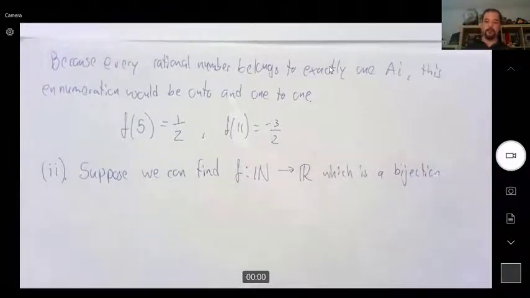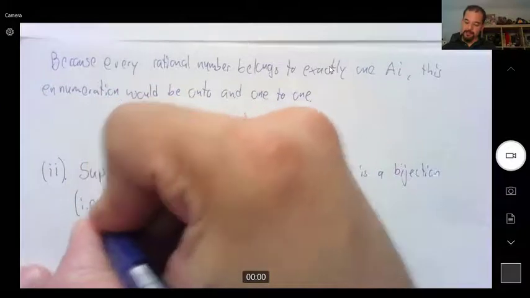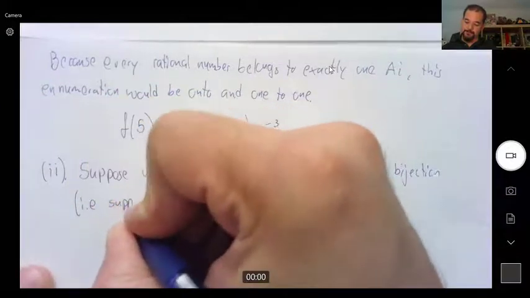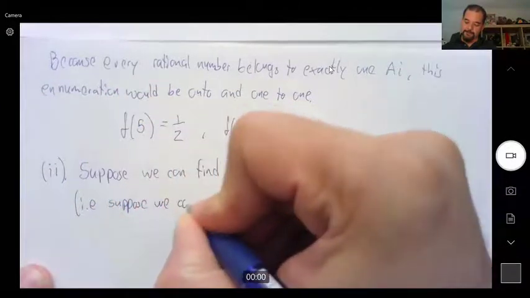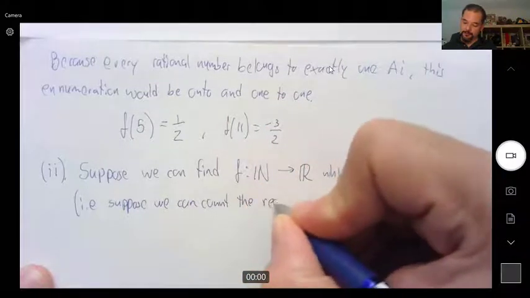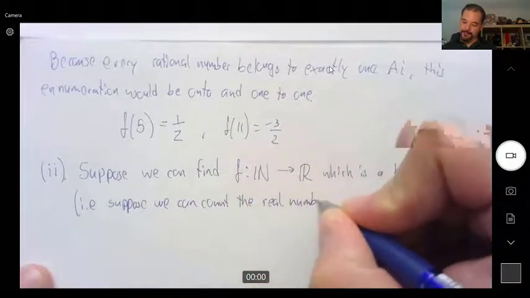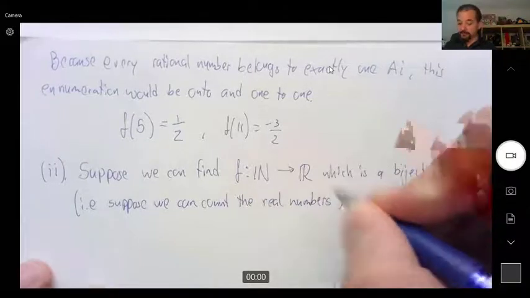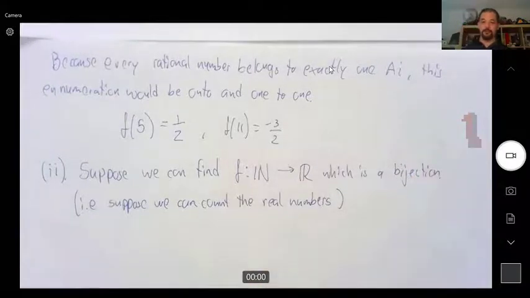So in other words, suppose we can count the real numbers, right? Count means precisely this: there is a function from the natural numbers to the real numbers which is one-to-one. Okay, all right, so this is what we're gonna do.